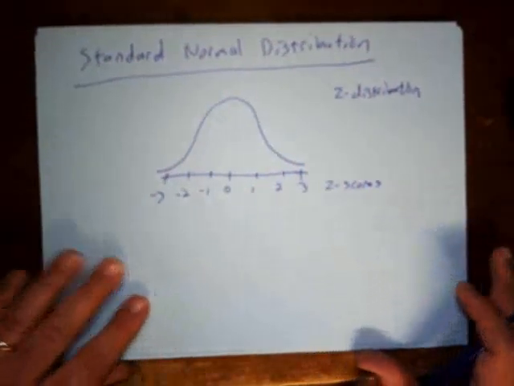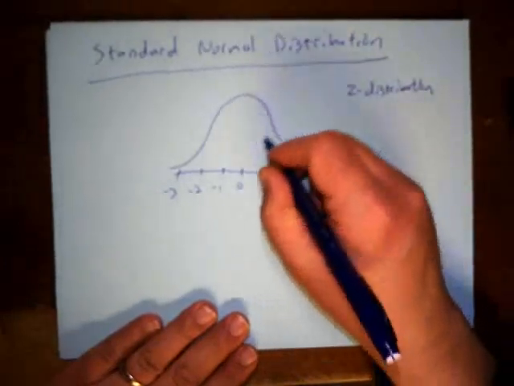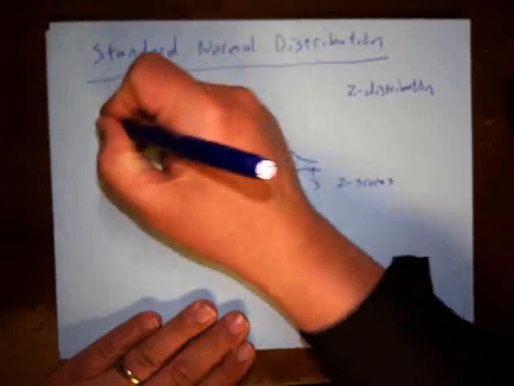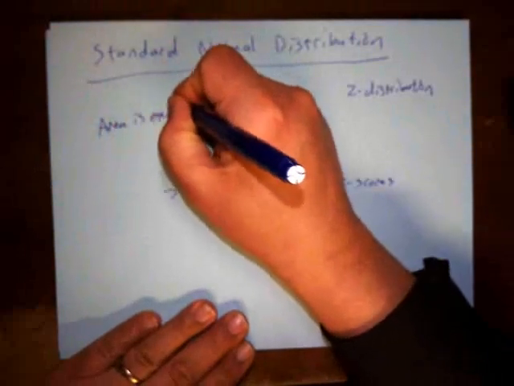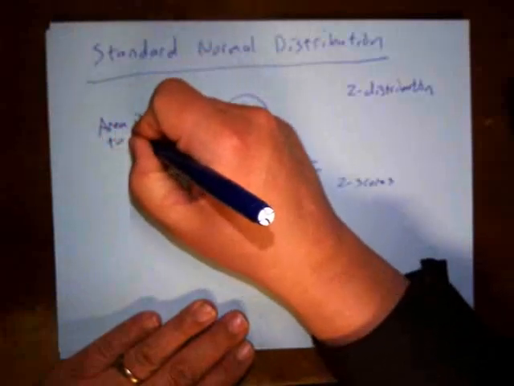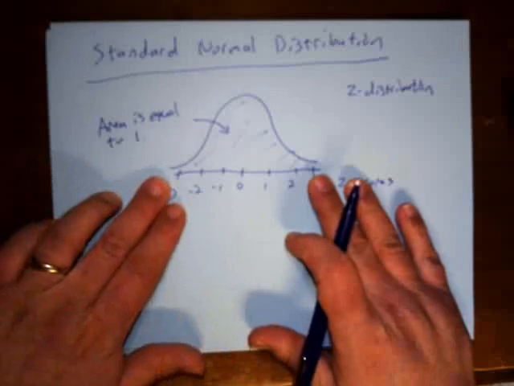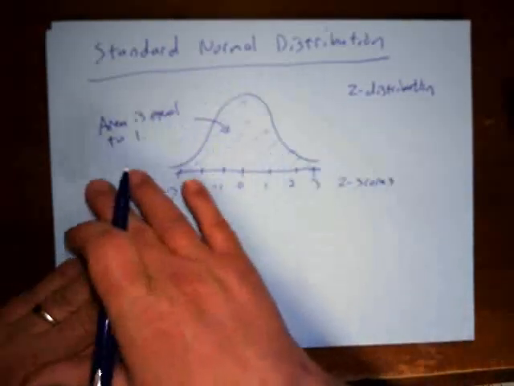Okay, and the first thing that's important here is that the area underneath this curve is equal to 1. So the total area under the curve is equal to 1, and you want to think about that kind of like a probability distribution.